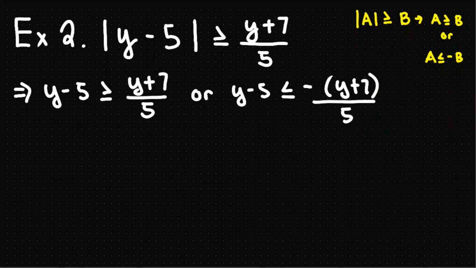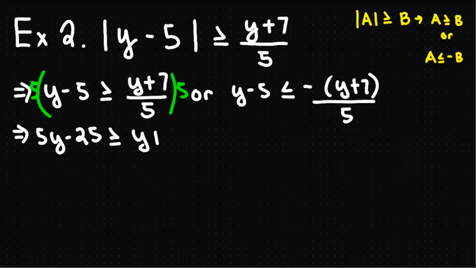Multiplying 5 to both sides to eliminate the denominator, on the left we'll have 5y minus 25 is greater than or equal to y plus 7.